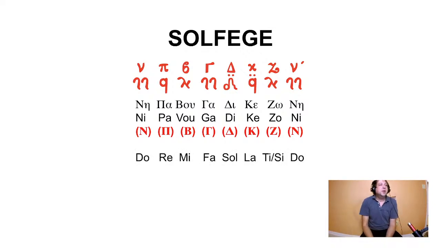So they correspond to do, re, mi, fa, sol, la, ti, or si, do, just depending on where you're from. Americans will say ti, Europeans will say si. So this way it all corresponds to the do, re, mi that almost anybody can do with or without any music education.